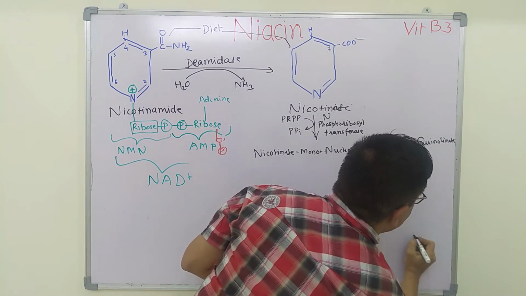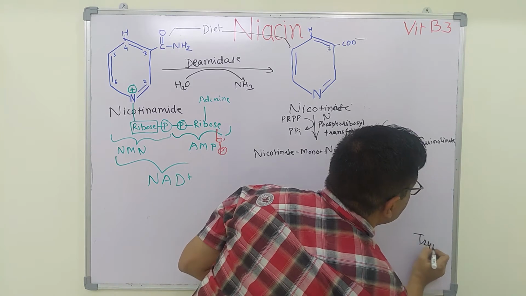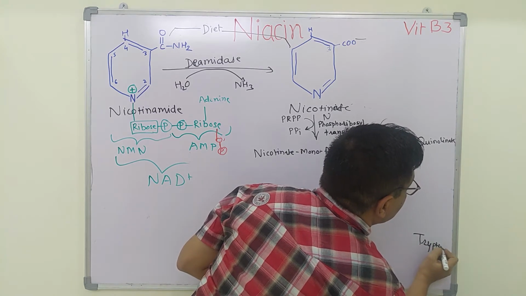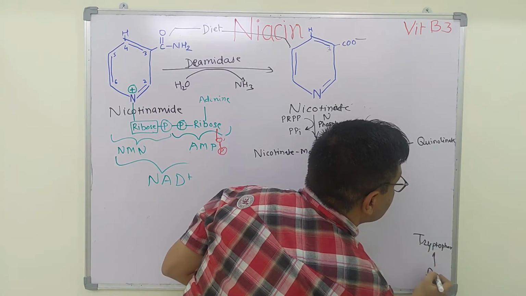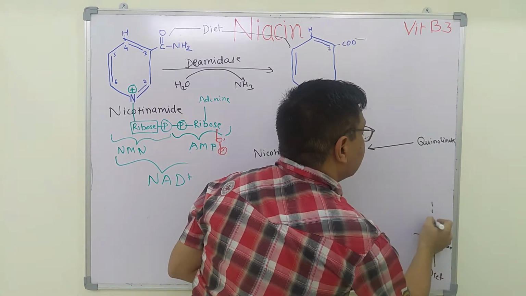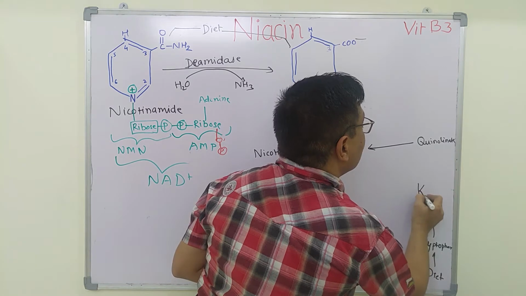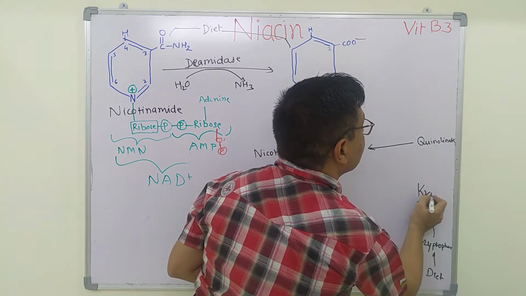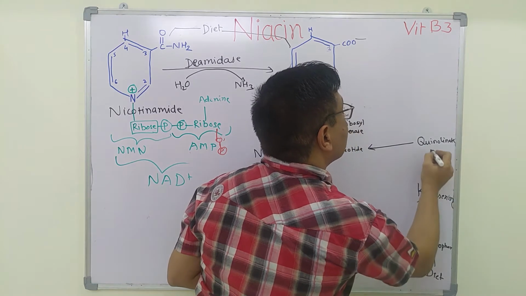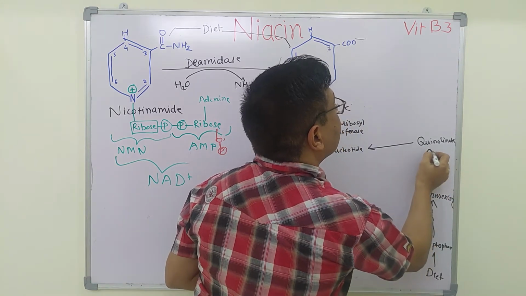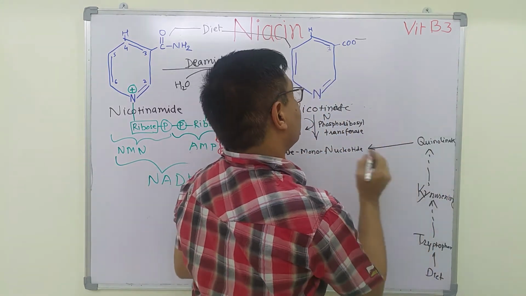We get tryptophan in the diet. It enters the kynurenine pathway and through this pathway quinolinate is formed.